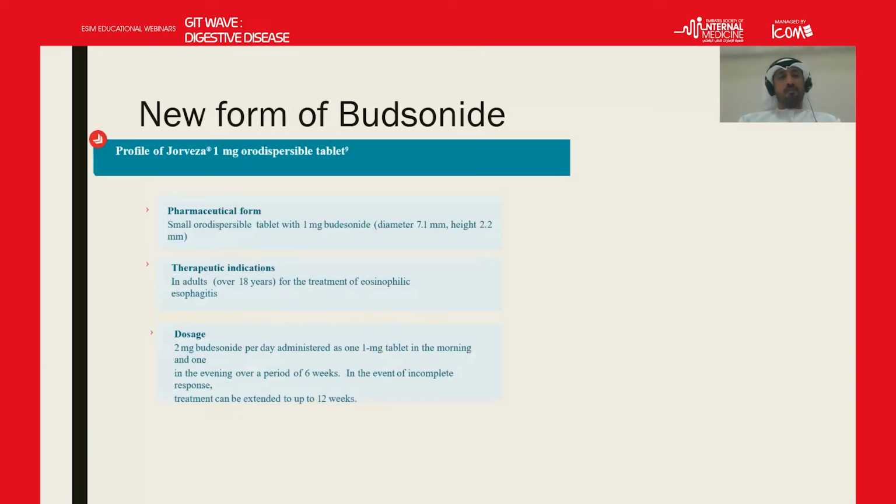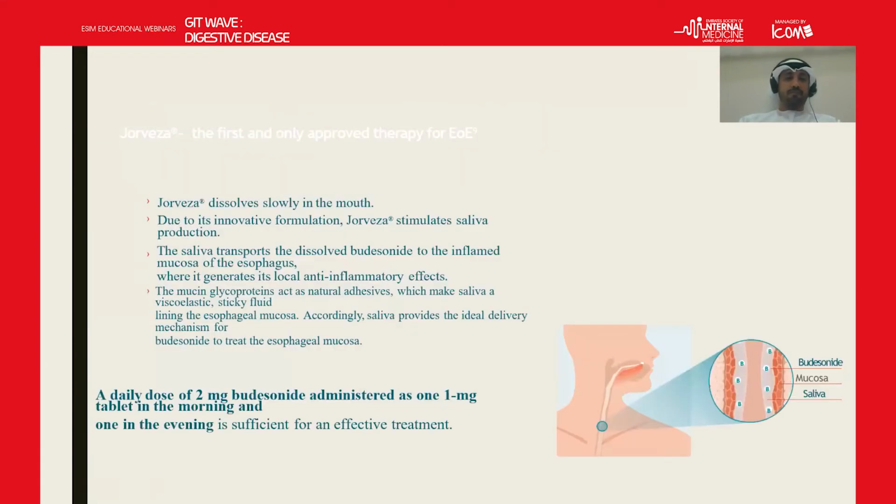There is a new form of budesonide, they call it Jorveza, 1 milligram. It is orally dispersible. The patient can put it in the mouth and it will take around 2 minutes until it dissolves. They have to take it twice a day for 6 weeks, extended up to 12 weeks. So this is how Jorveza works.